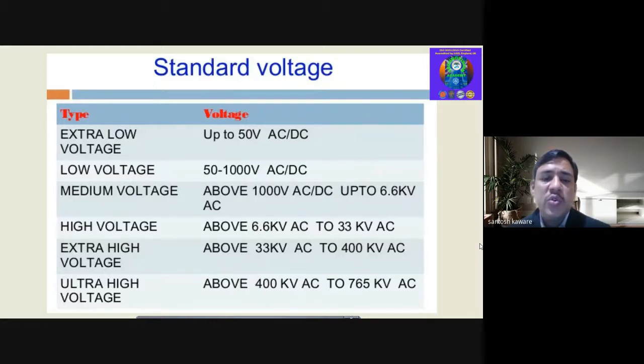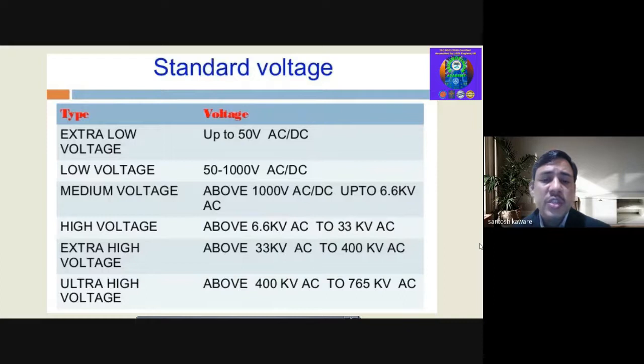About high voltage, we can say that above 660 volt up to 33 kV we can treat as high voltage.